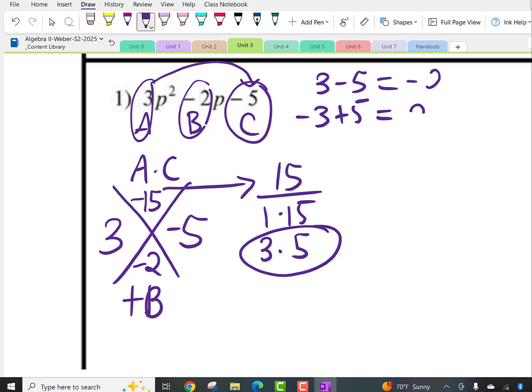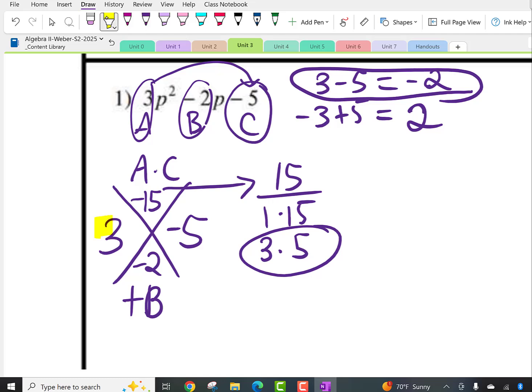Unfortunately, it's going to be the first one. So it's 3 minus 5 equals -2, whereas -3 plus 5 would be +2. So it has to be this one, so the 5's negative. So we have 3 and -5. And our answer, we're using the letter P, is P plus 3, P minus 5.